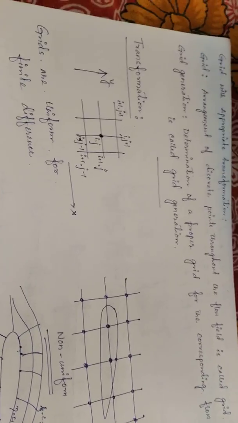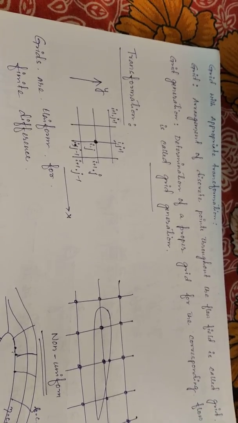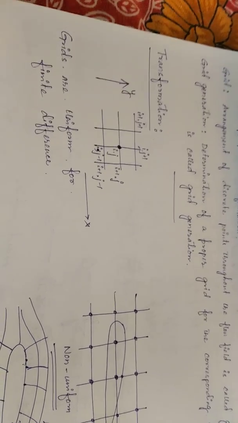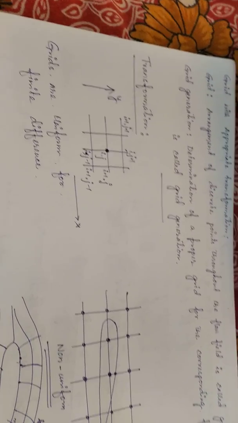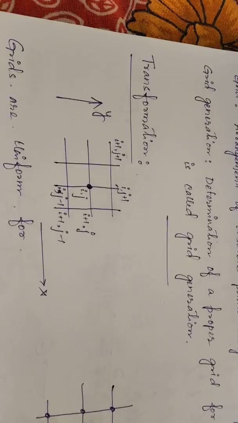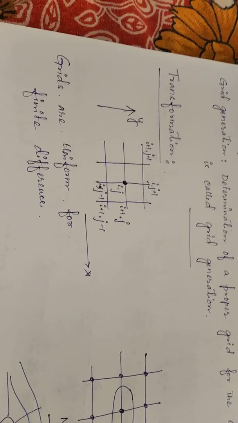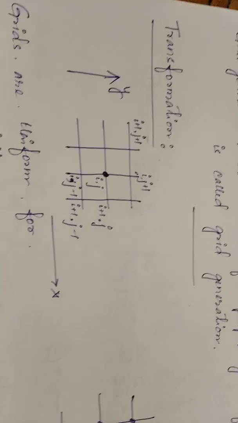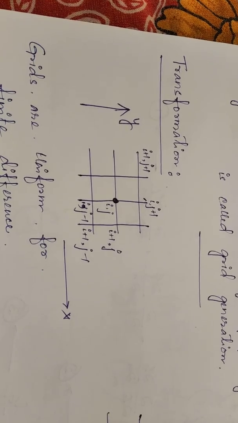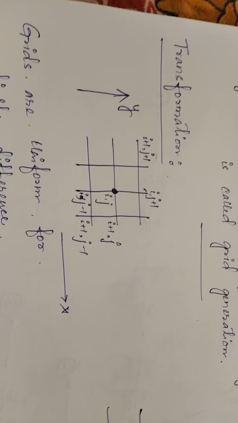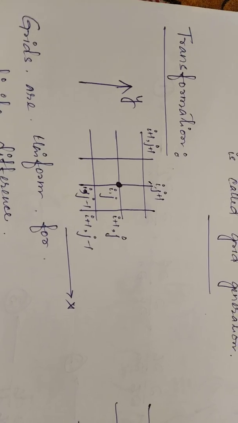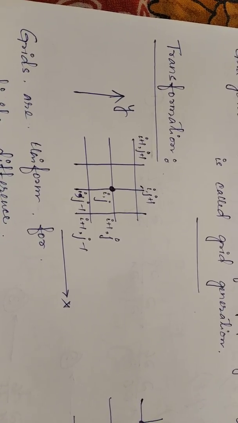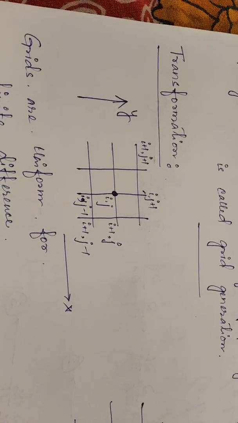Okay, that is clear. Now second comes the question, what is transformation, or what kind of transformation? When you apply finite differences, you have a difference equation, where you are discretizing the partial differential equation in algebraic form. When you use finite differences or a difference equation, your grids must be uniform, so the distance between two points must be the same.